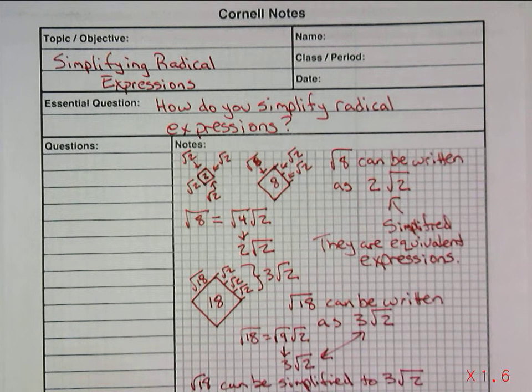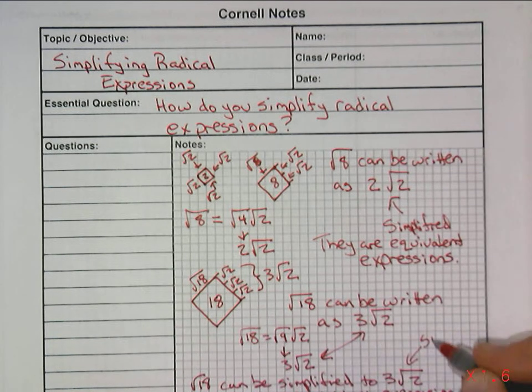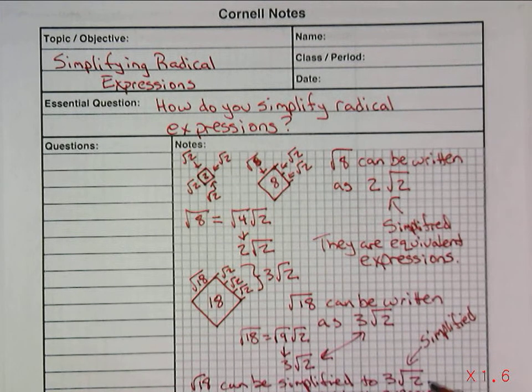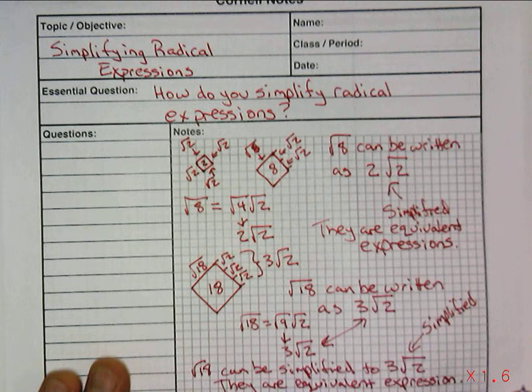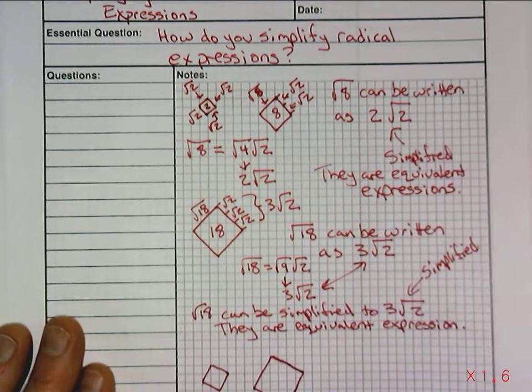They are equal to each other, but we consider this to be the simplified way to write it, with the smallest possible square root number. So we have equivalent expressions now.